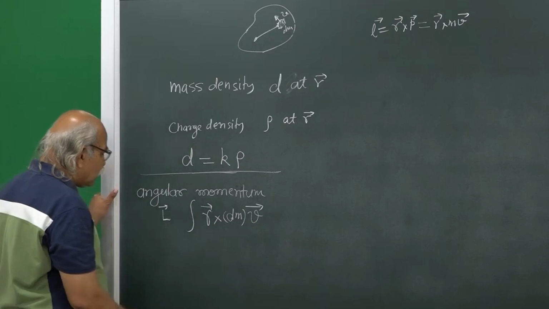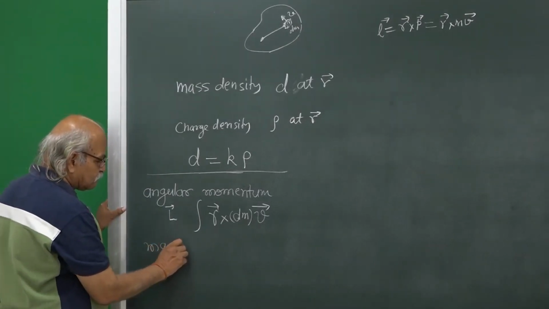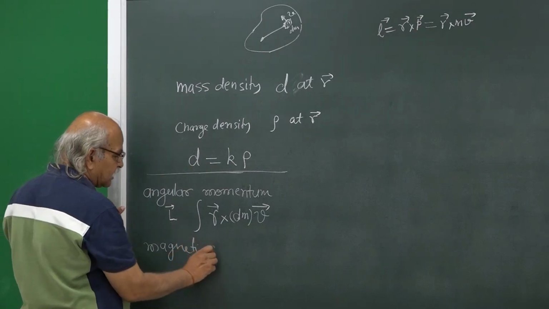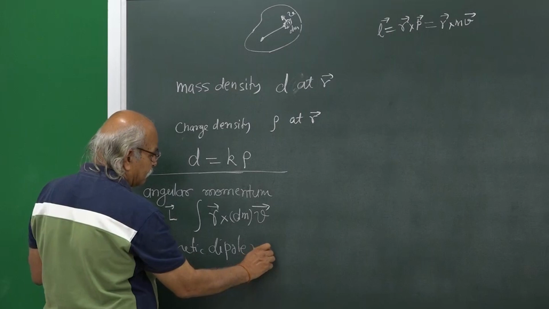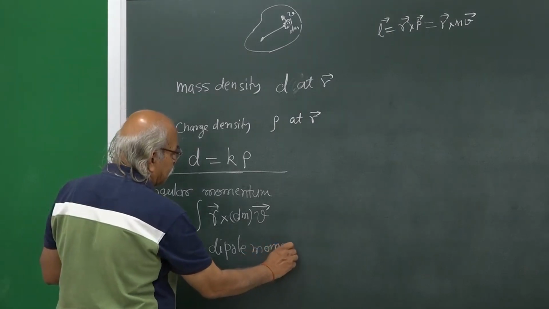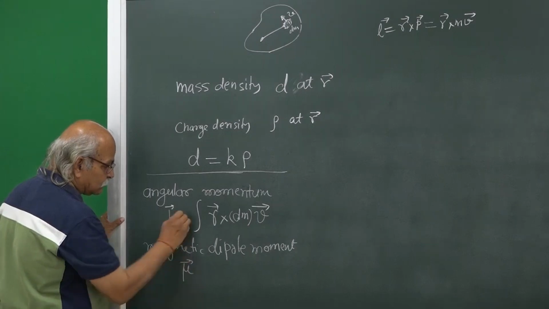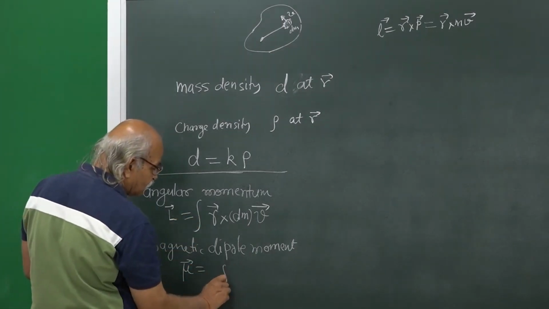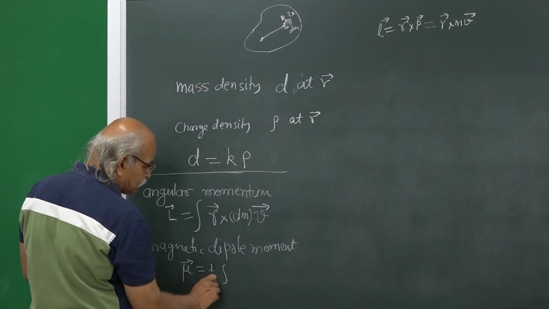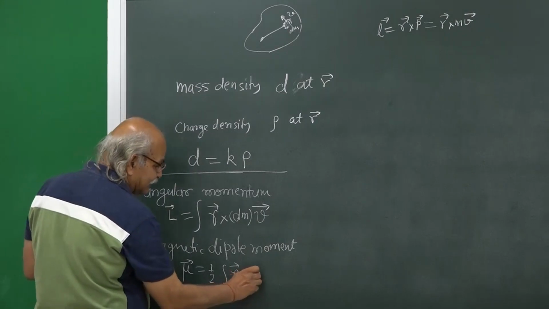And what is magnetic dipole moment? Magnetic dipole moment. We just wrote that mu is equal to half integral r cross j d tau.